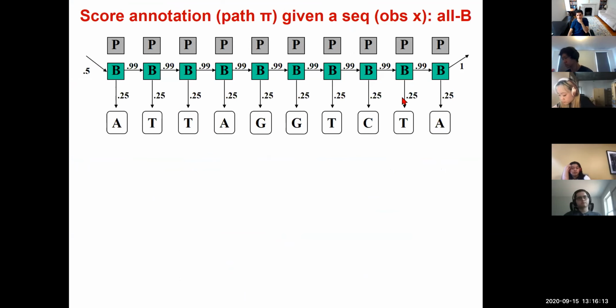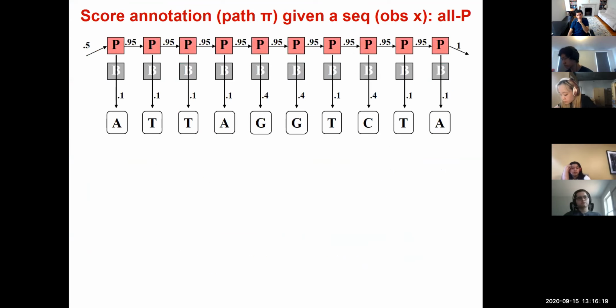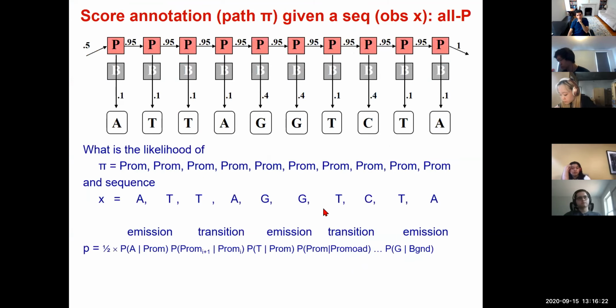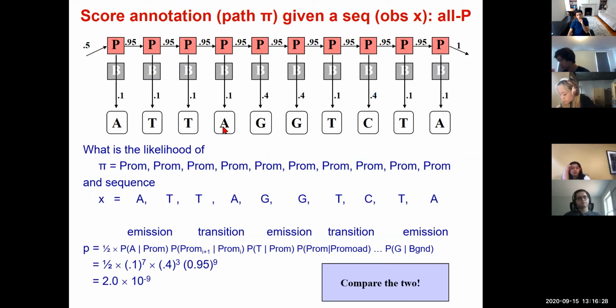All background gives us a probability of 5 times 10 to the minus 9. All promoter gives us a probability of 2 times 10 to the minus 9, and therefore the likelihood ratio indicates that this is much more likely to be all background.